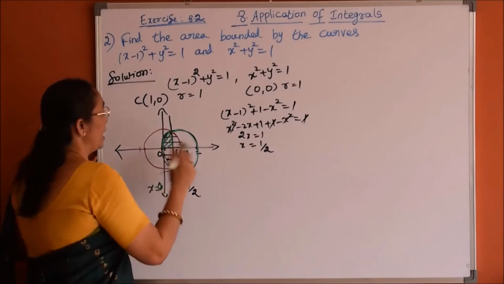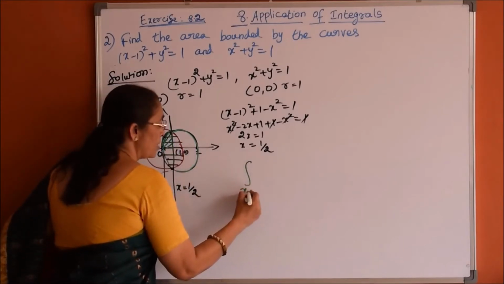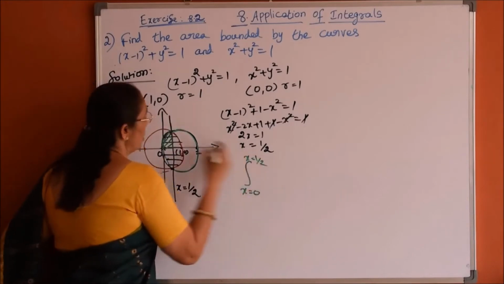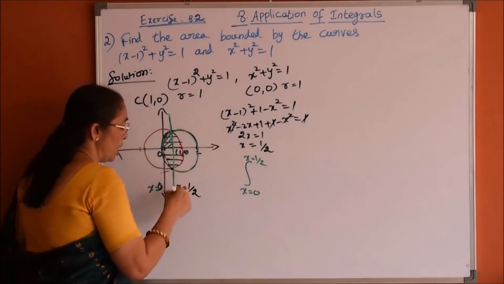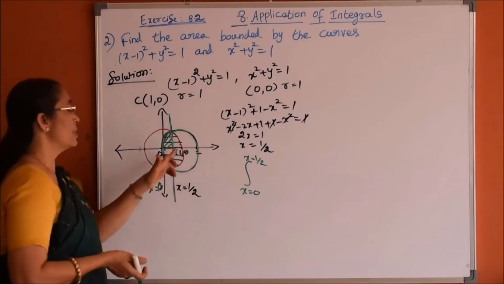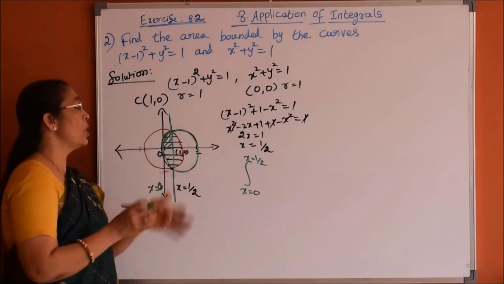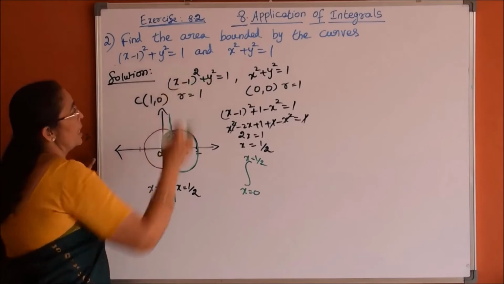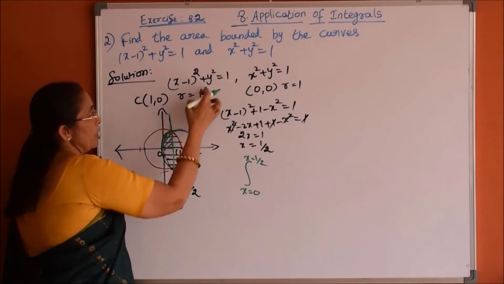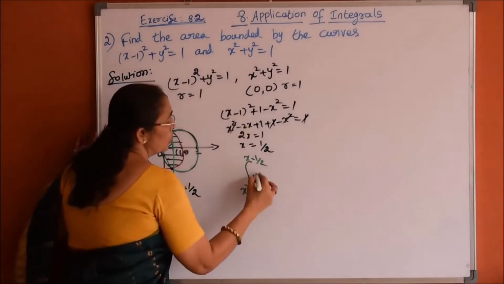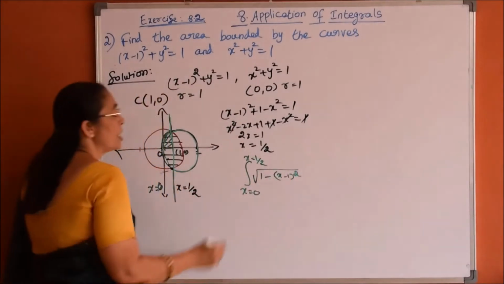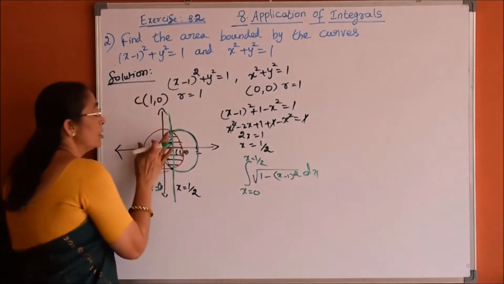So let me write the integration: x is equal to 0 to x is equal to half, with the x axis, and the curve is the first circle. So x minus 1 whole square plus y square is equal to 1. From this we need y as f of x, so y is equal to root over 1 minus x minus 1 whole square dx. So we got this portion.